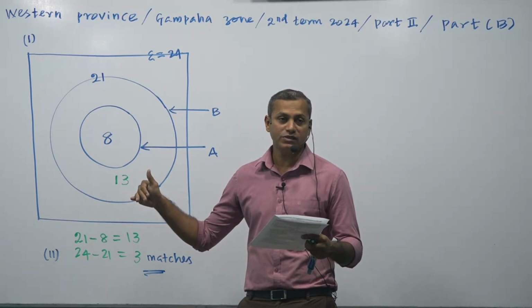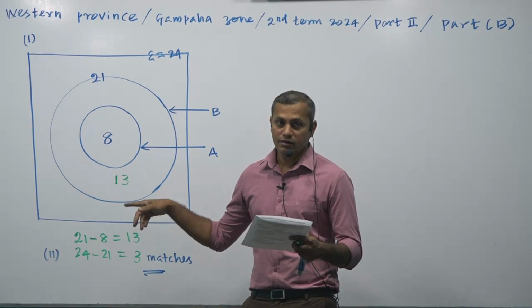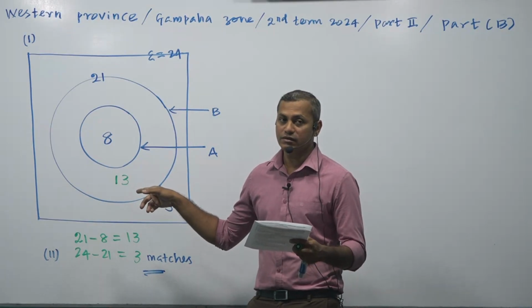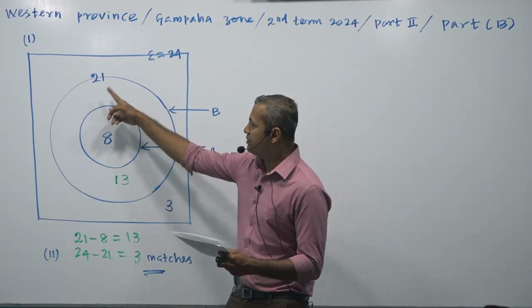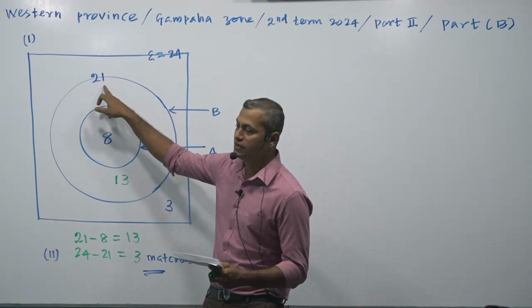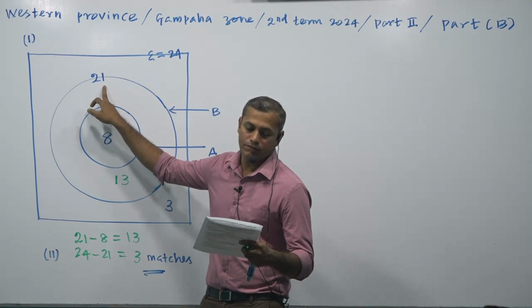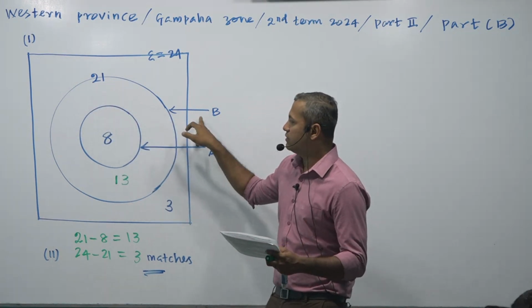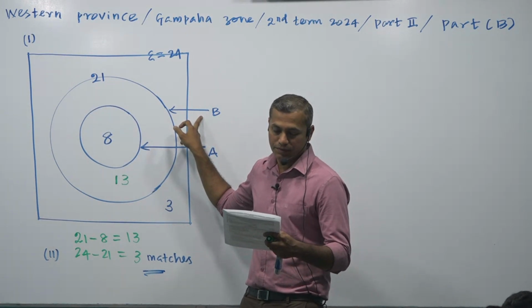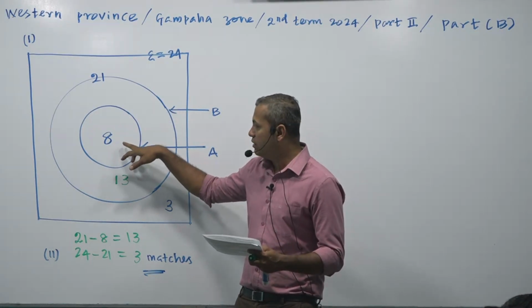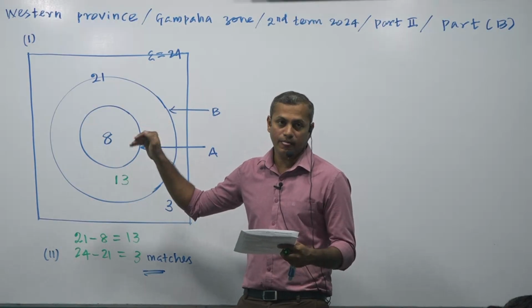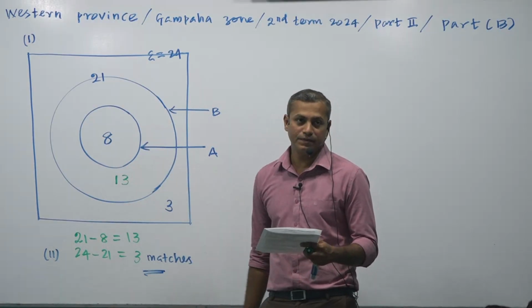How many matches has he scored less than 99? 21 matches. In 8 matches, he has scored less than 49. Sariya.